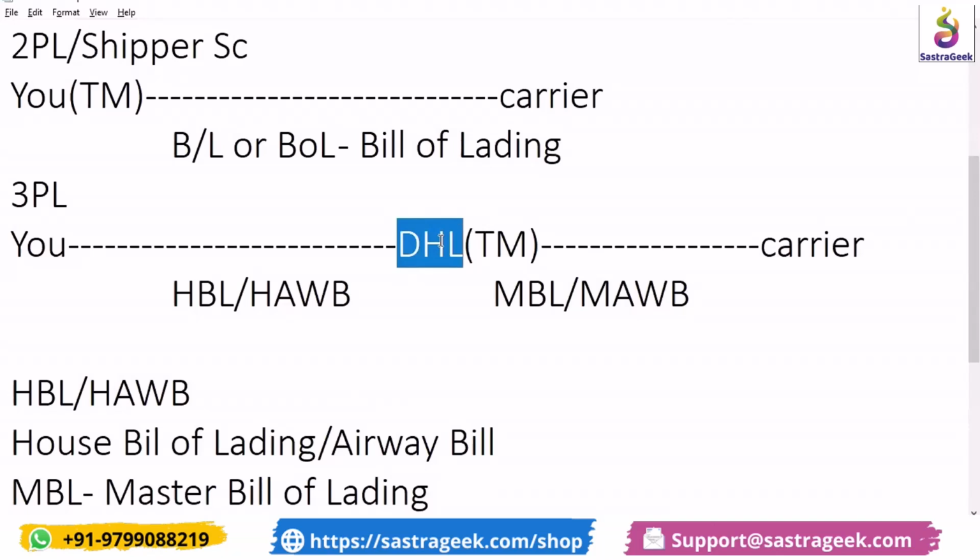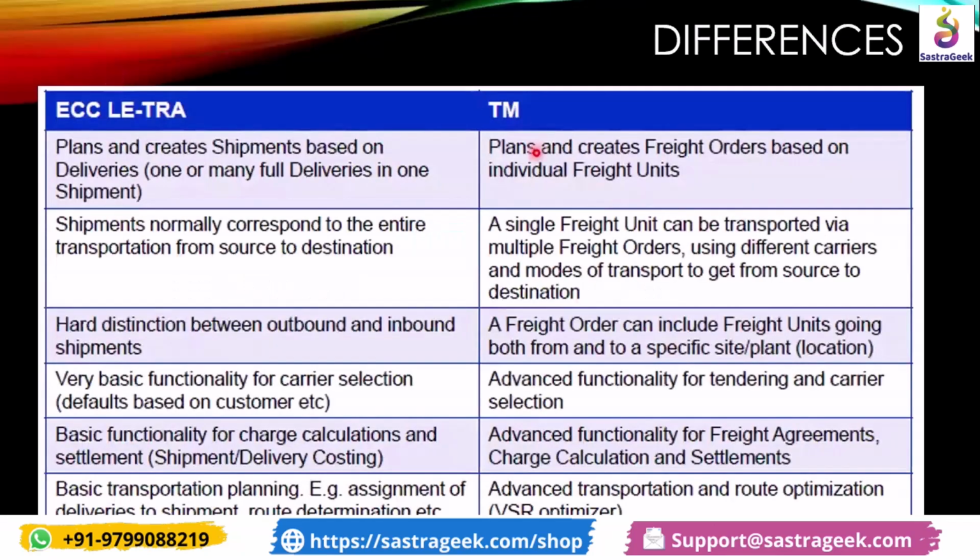But in case you have your transportation need and you would like to utilize it, definitely you'll have to drill down to the final set of business processes which you would like to go with, and then come out with a conclusion of what all processes you would be needing. And based upon that, you drill down with the features and functionalities LE is offering, and most likely you go for TM.